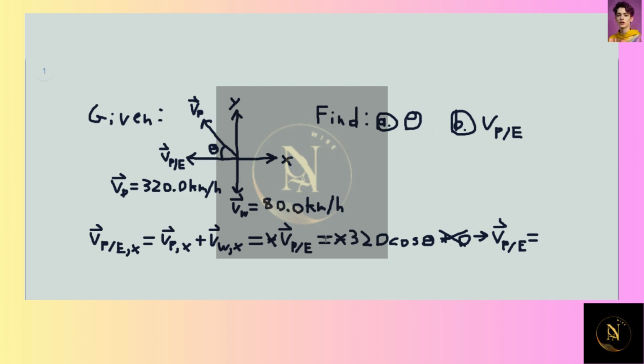Oh, and this, yeah, this shouldn't have a vector here actually. So let's get rid of the vector here, because we already give it a sign here, so it's not going to have a vector anymore. Okay, so now we have 320 times cosine theta. Let's call this equation 1.